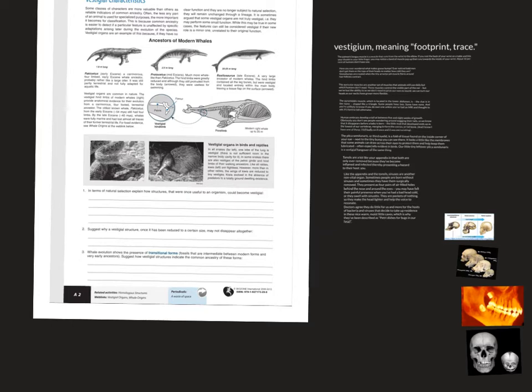And by the way, if you take a look at these two other examples besides the whale, in a snake, all snakes have an extra lobe to a lung that they really can't use because their bodies are much more tubular than their ancestors' bodies. And they actually have pelvic girdles, like the whale has a pelvic girdle.